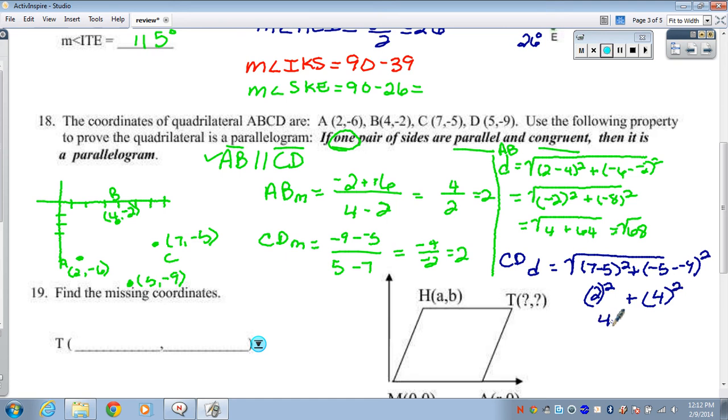So that is 4 plus 16, which is the square root of 20. So no, it is not a parallelogram, because opposite sides are not congruent.